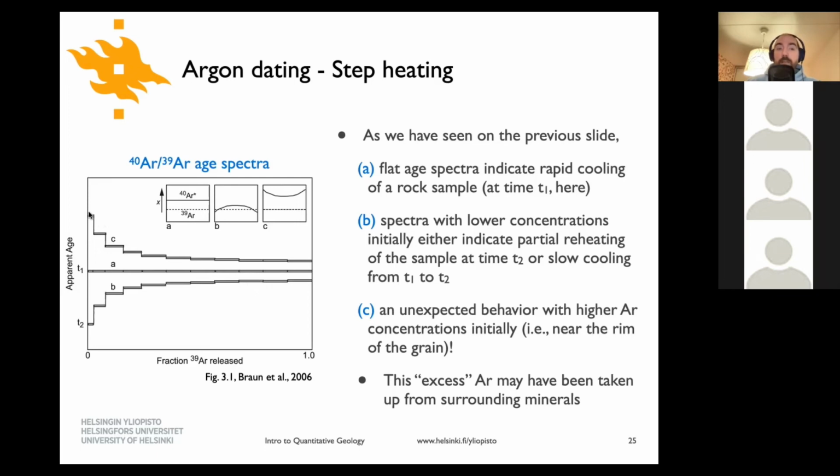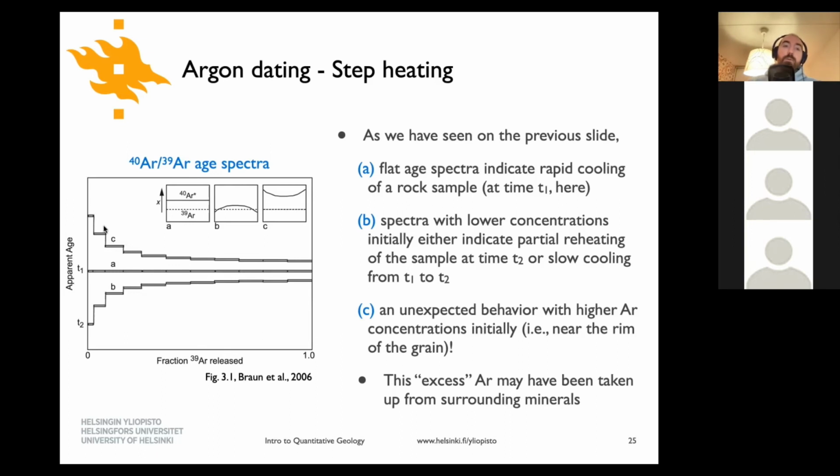But it is occasionally observed as well that you start heating and you release a bunch of argon, and the amount of argon you release over time is decreasing, which would suggest that the concentration of argon at the edge of the crystal is actually higher than it is in the middle. And this is a slightly unexpected behavior. It makes it quite difficult to interpret your ages, but there's essentially excess argon, which is the term that's often used in describing this problem, that can sometimes be taken up from other minerals that are right next to your target mineral.